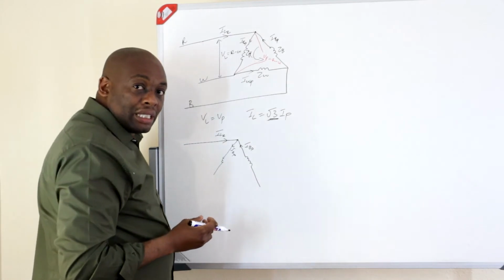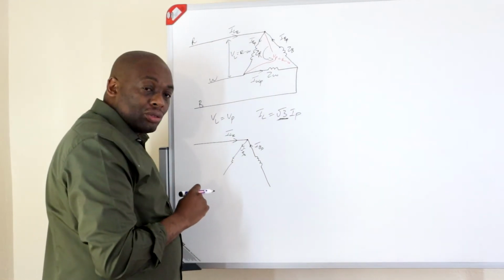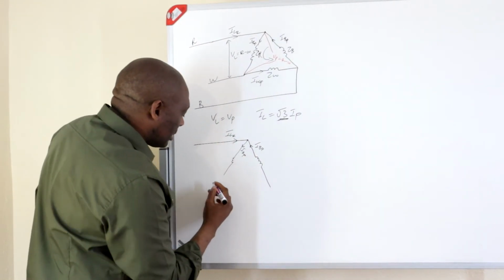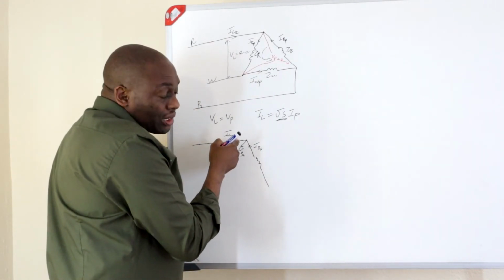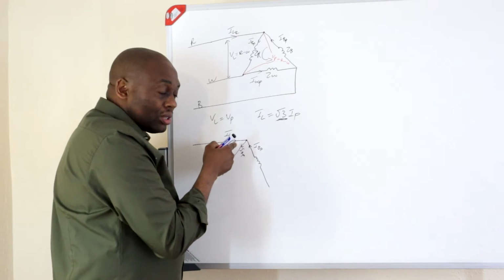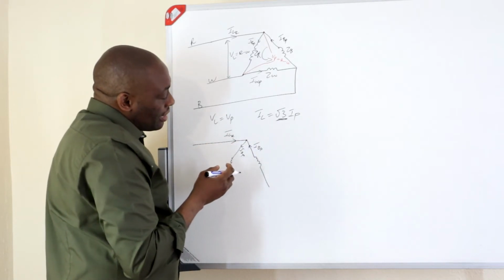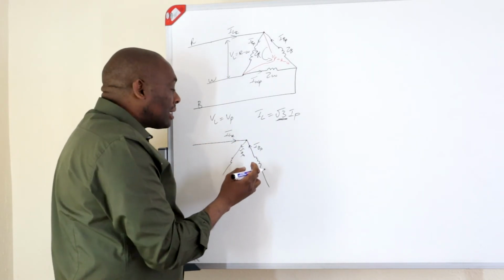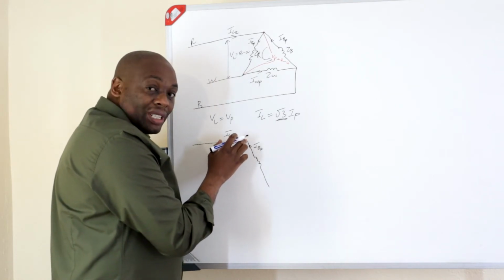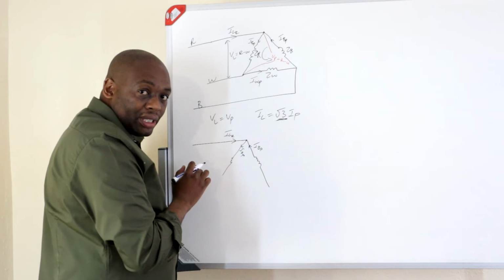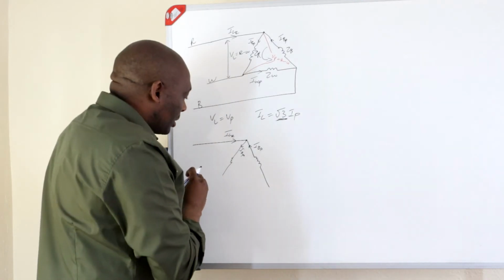If you apply Kirchhoff's current law, what does it say? It says that the sum of currents going into a node is equal to the sum of currents going out of a node. That's what Kirchhoff's law says.